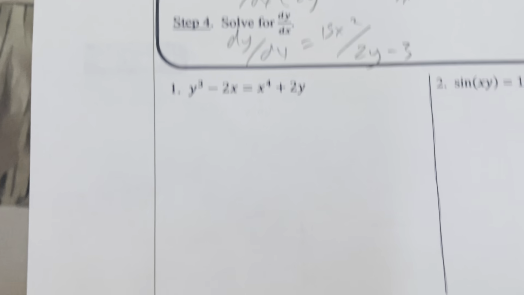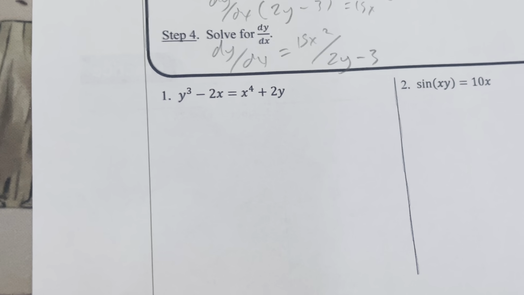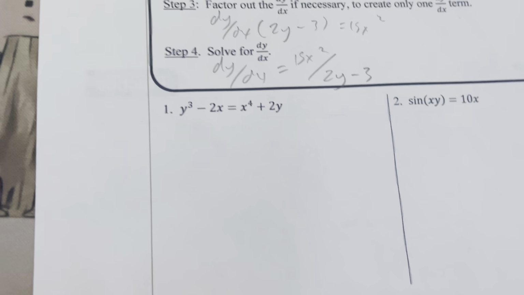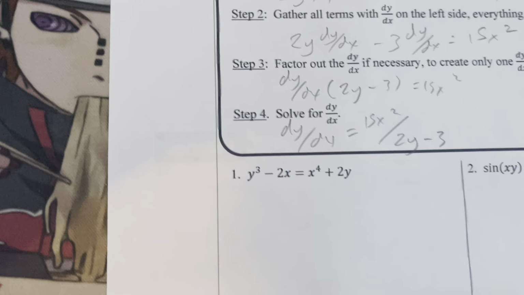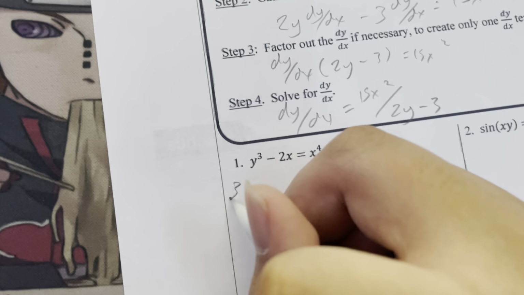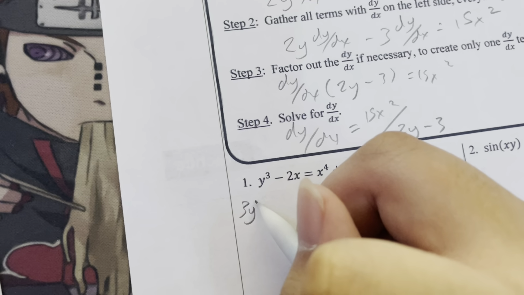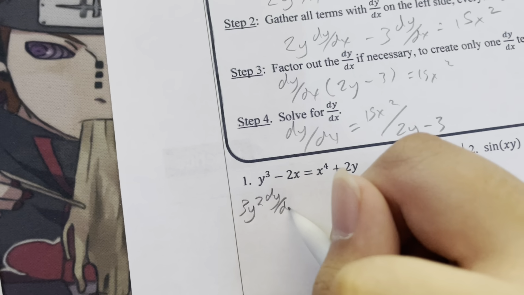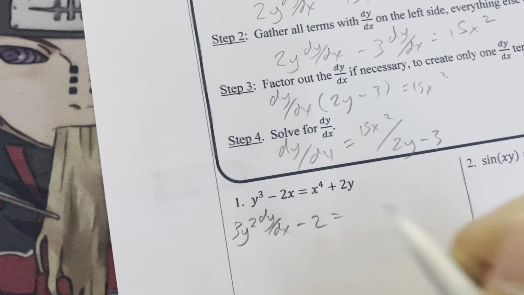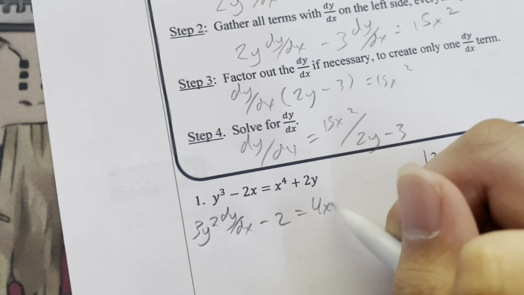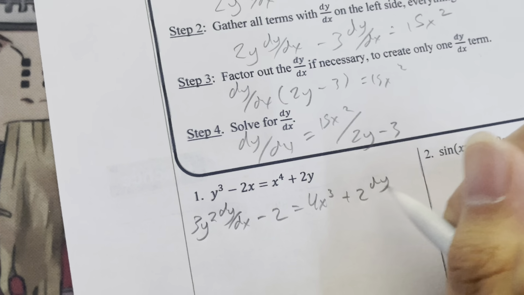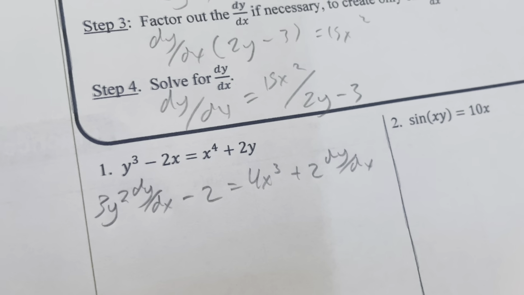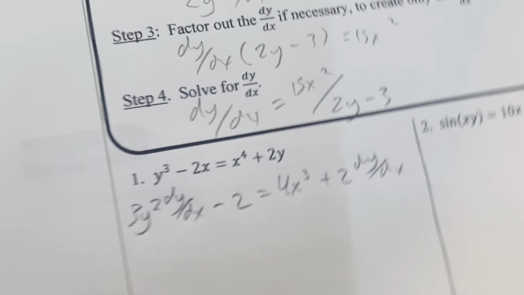Number 1, our first example, y cubed minus 2x equals x to the power of 4 plus 2y. First, we find the derivative, so 3y squared dy dx minus 2 equals 4x cubed plus 2 dy dx. Bring all dy dx to the left side and everything else on the right side.